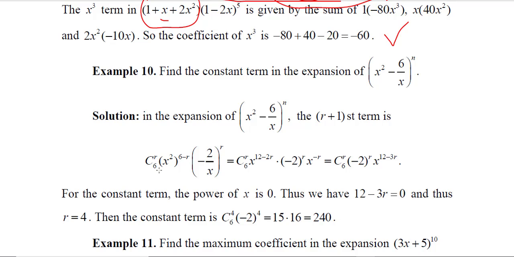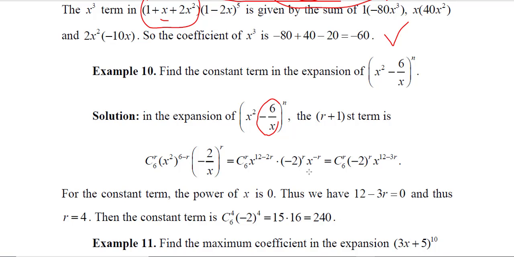This is the r plus first term because, look here, this is n, and when we take the r plus first term, it should be this one in r power, and here we have x squared also.